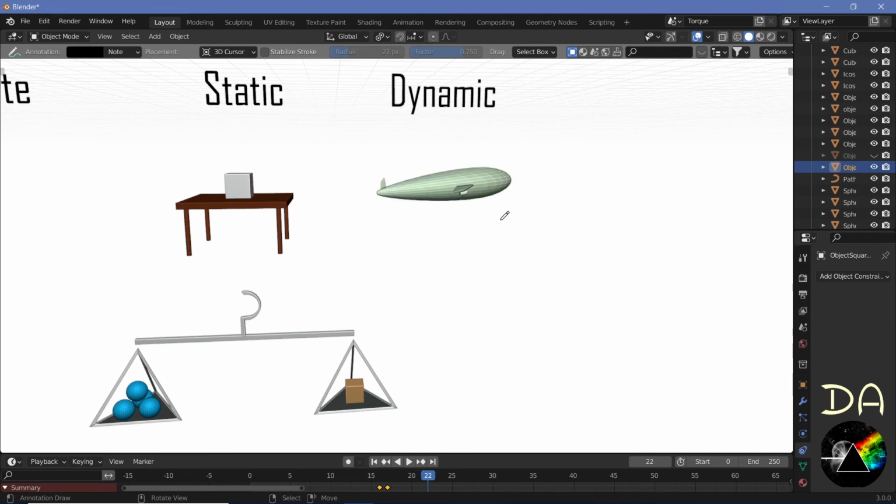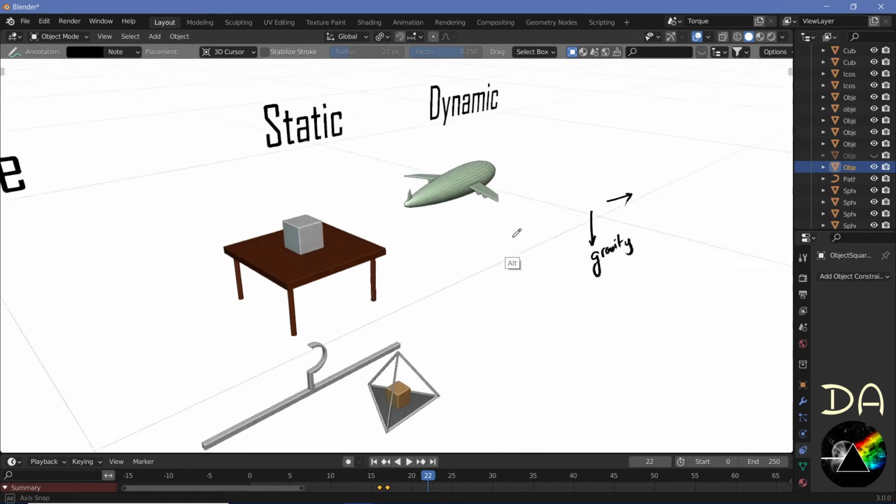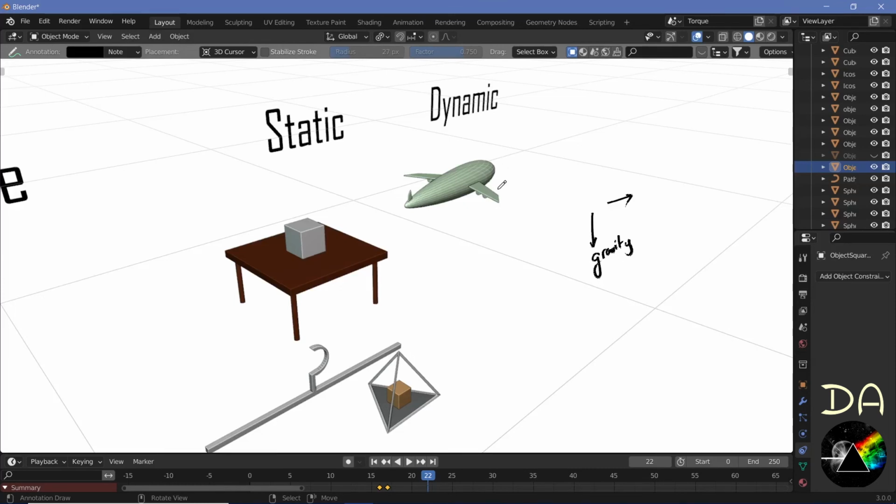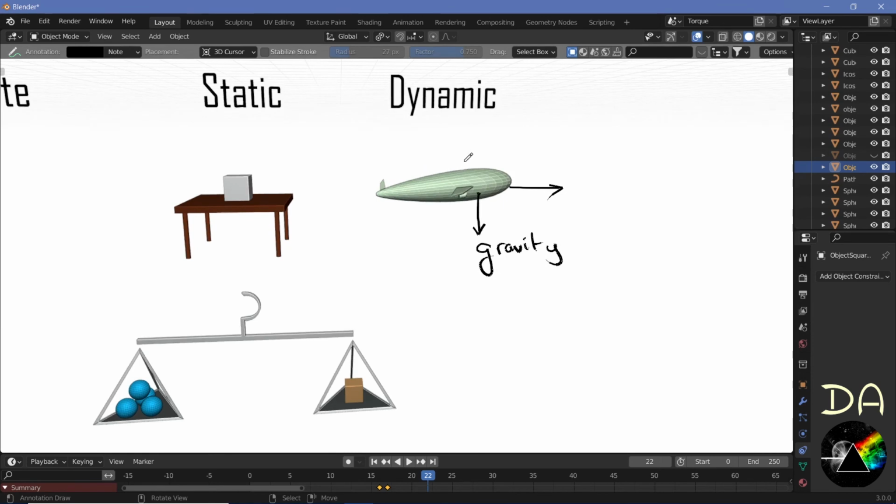Over here, we can see that this particular plane is always moving forward, but it wants to move down due to the force of gravity. But due to the wings that are present, there's always going to be an upward lift to the plane. So that upward lift is going to push it back up.